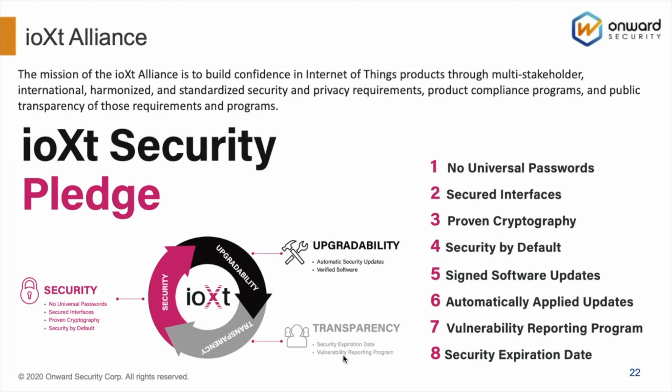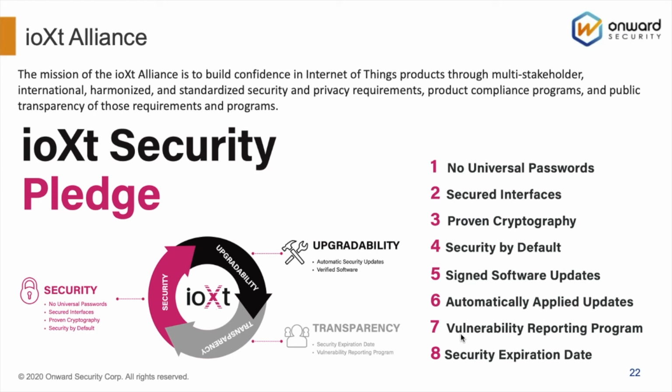These three major categories are divided into testing types: no universal password, secure interface, proven cryptography, security by default. You should use a signed software update, automated apply update, and then a vulnerability reporting program and security expiration date.